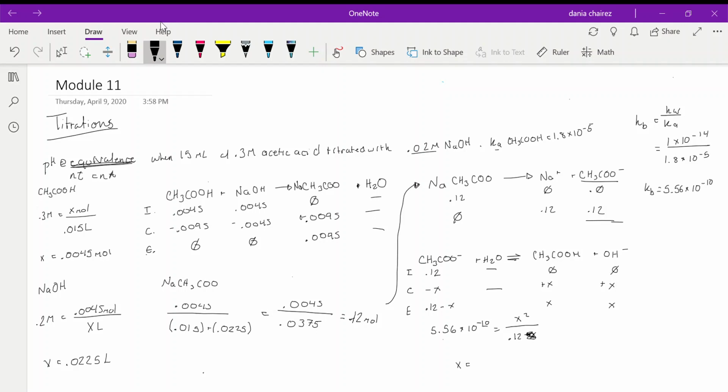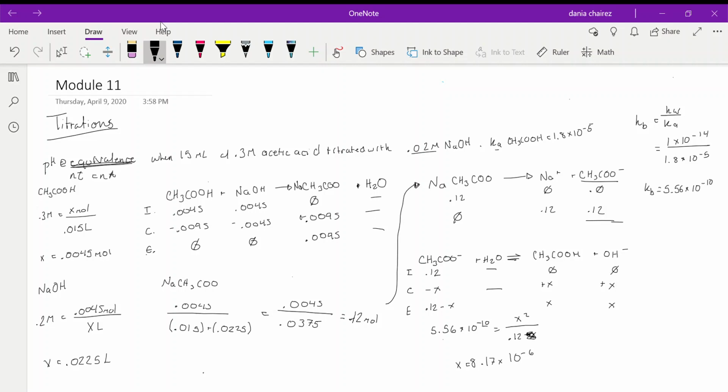We should get 5.56 times 10 to the negative 10 times 0.12, square root of that. So x is equal to 8.17 times 10 to the negative 6, depending on your rounding.